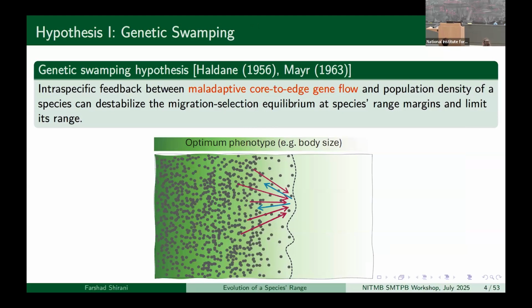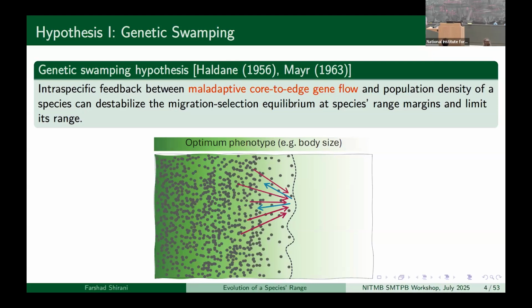And then we have a population there. The individuals in the population can disperse randomly, but since the population is more crowded at the core, that random movement, which is going to create some random gene flow, is going to be asymmetric from the core to the periphery of the population, because there are more individuals moving to the periphery compared with the individuals moving from the edge to the core.